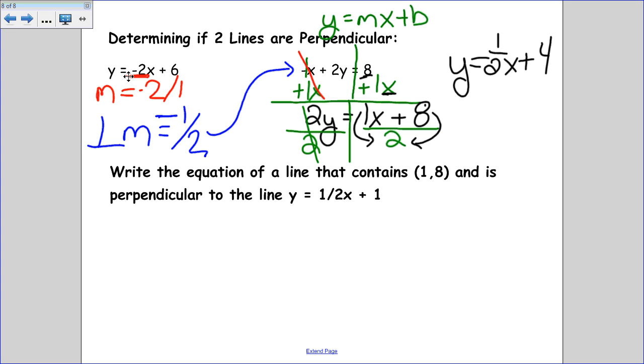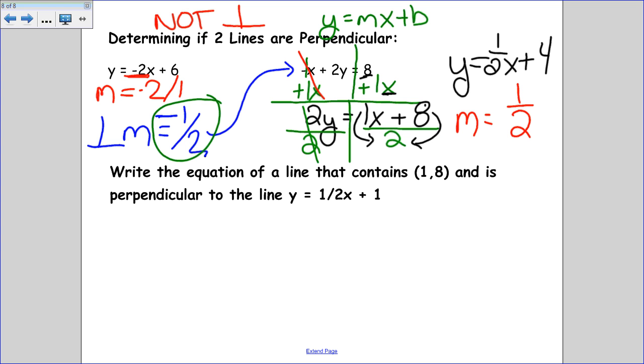So in this second line, we got an m, or a slope, of 1/2. Is that the same as what we said we needed over here? We said we needed -1/2. So these lines are not perpendicular.